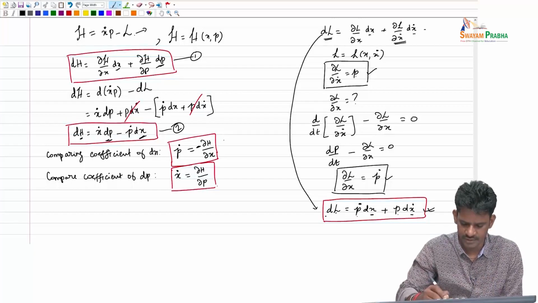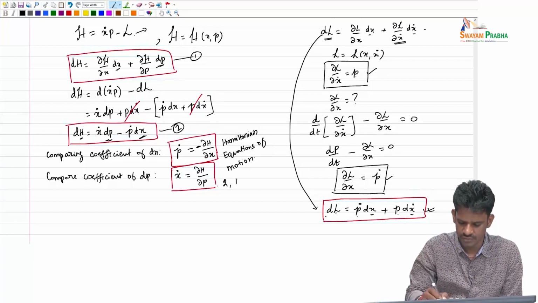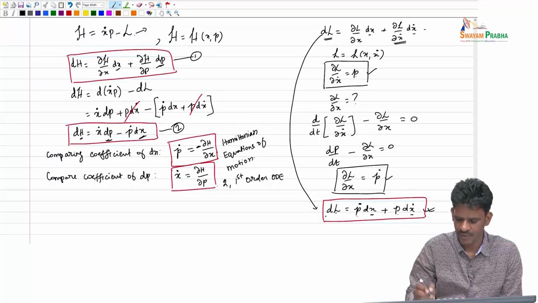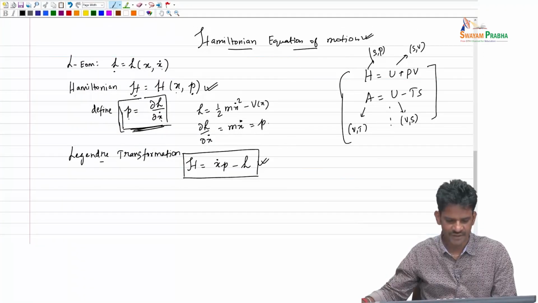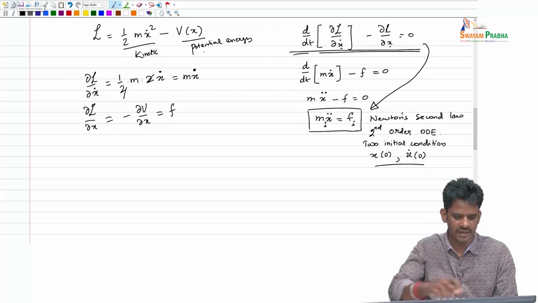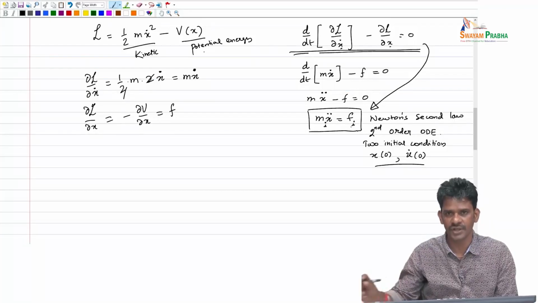So, these are called Hamiltonian equations of motion. And if you see, this is basically two first order ODEs. So, to compare, you can see that when we talked about the Lagrangian formulation, where we defined the Lagrangian as the kinetic energy minus potential energy, we showed that it boils down to Newton's law of motion, which is a second order ODE.